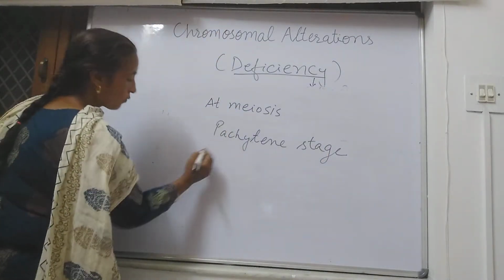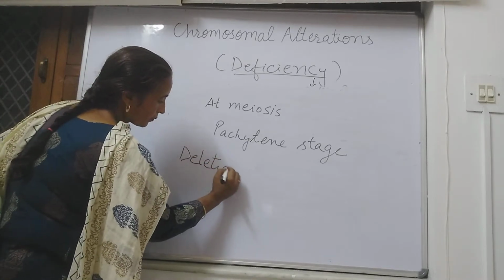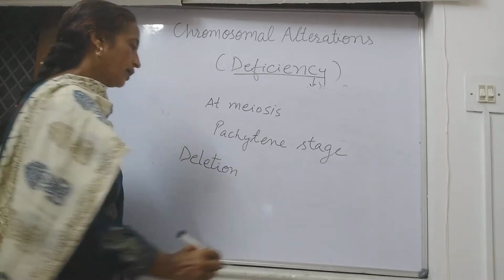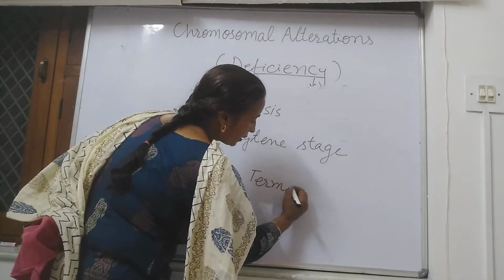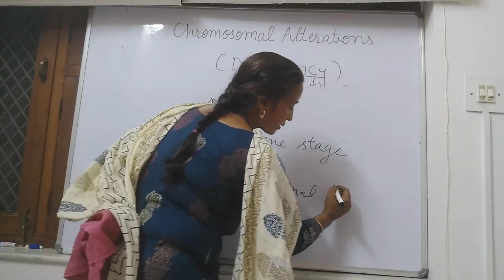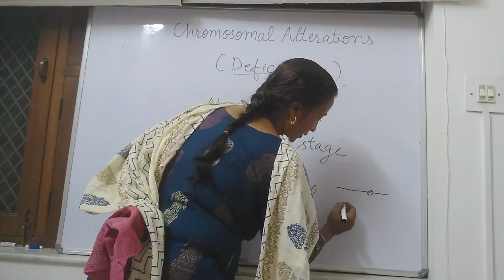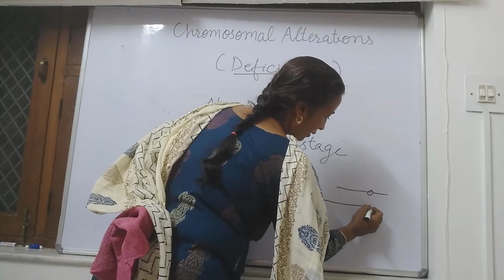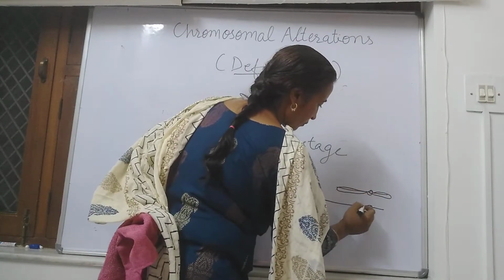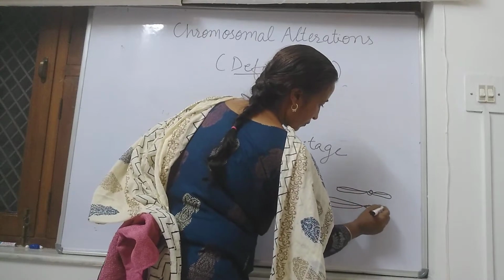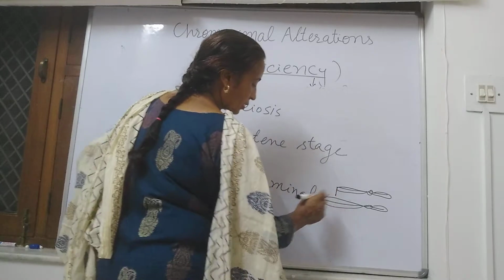In case of terminal deletion, one arm of the chromosome is long and one short, because this portion is lost.